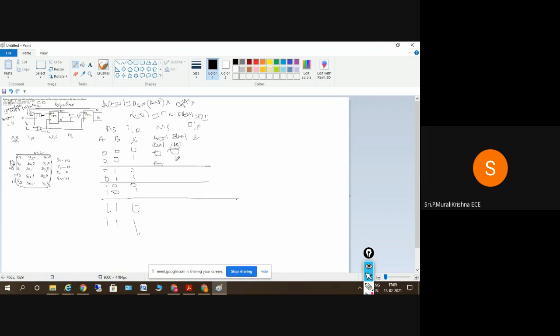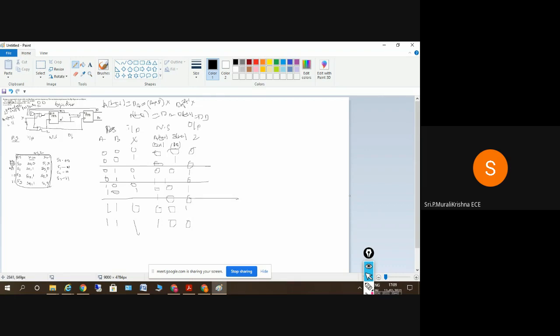So we'll get these values: 0, 0, 0, 1, and next we have 0, 0, 1, 1, then 0, 0, 1, 0, and the outputs are 0, 0, 1, 0, 1, 0, and 1, 0. So this is the state table we'll get here.